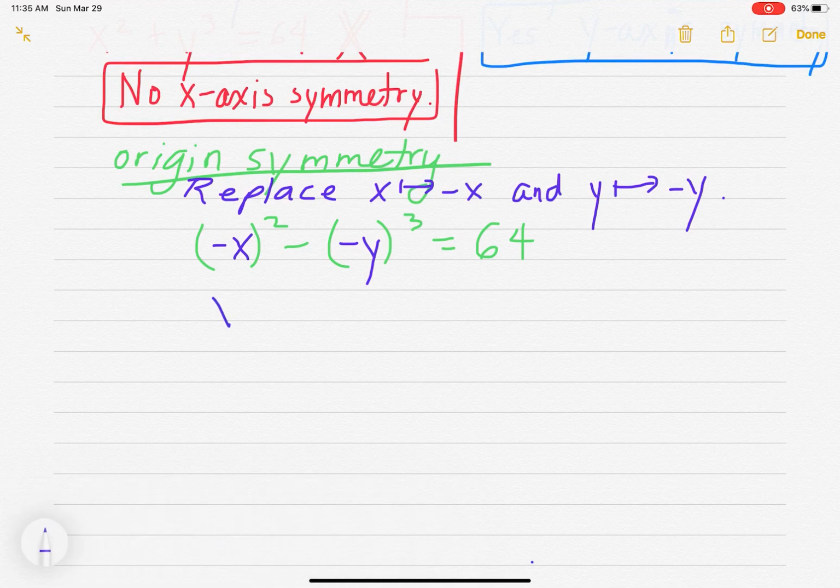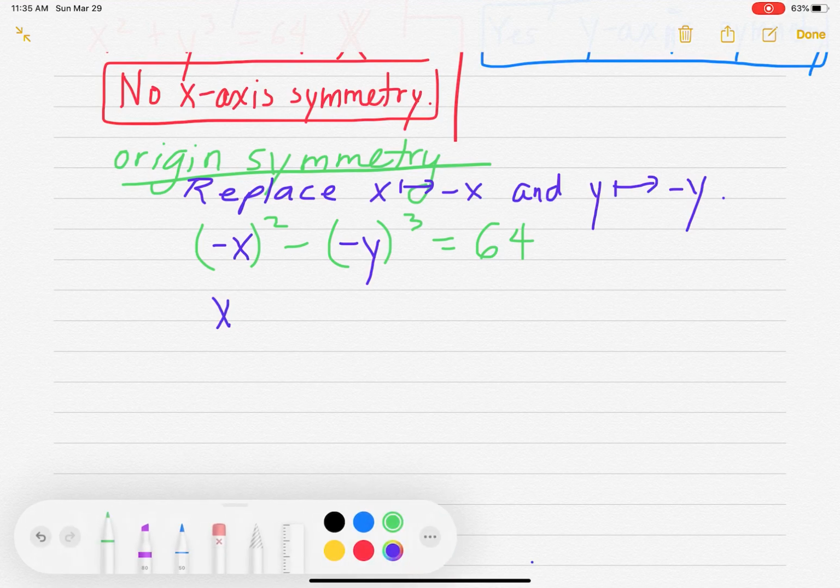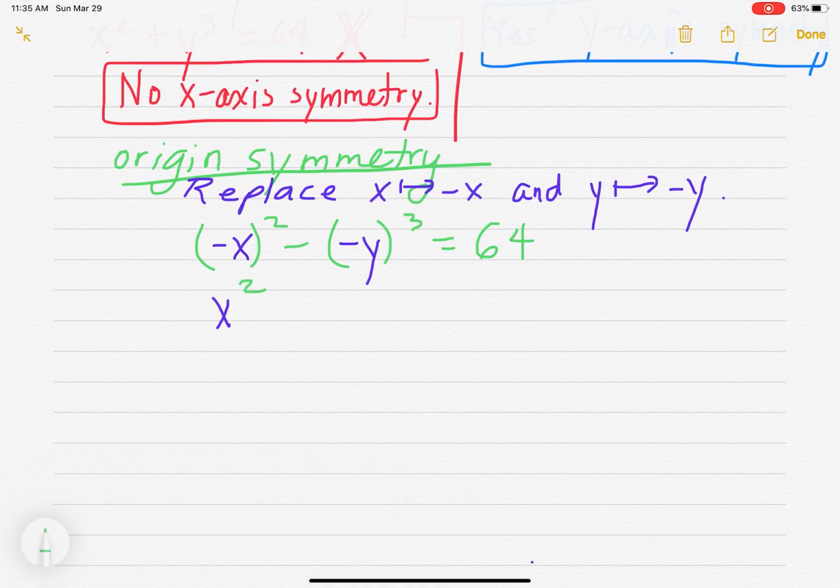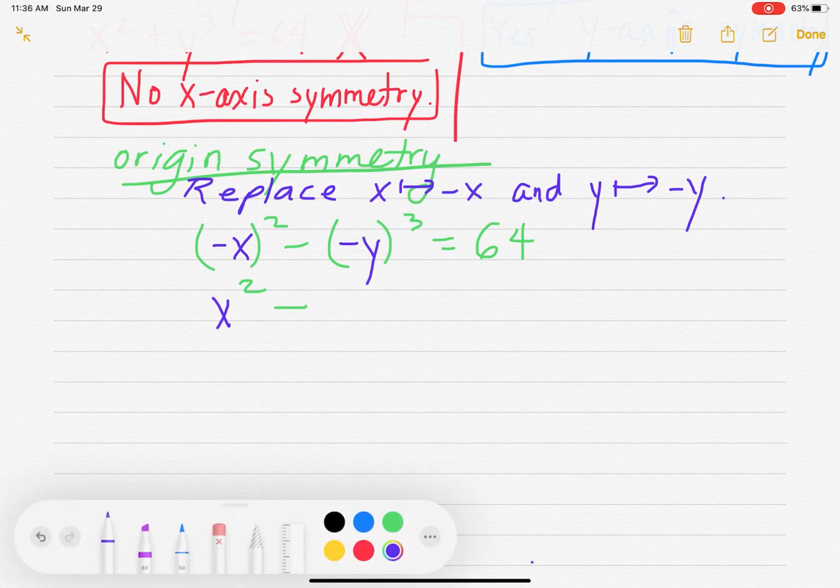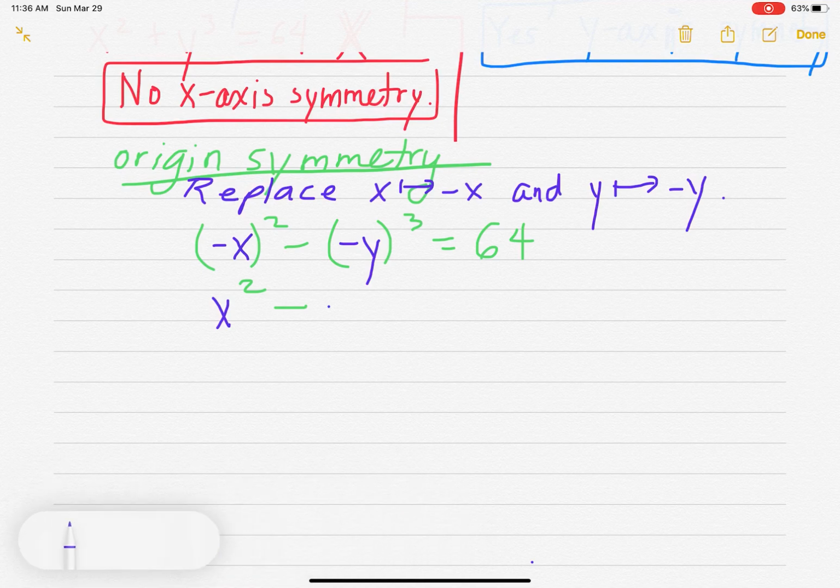So we're going to have x squared, that negative is gone. And then minus. Now we have a minus inside of parentheses with an odd power. Anytime you have a negative in parentheses with an odd power on the outside, you can extract the negative. So odd powers do not kill off negatives. They allow you to extract the negative. So we have a minus negative y cubed.